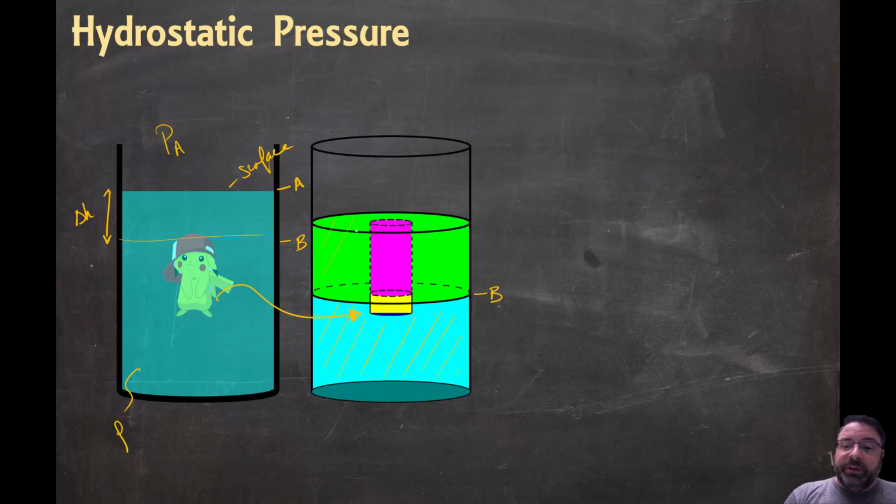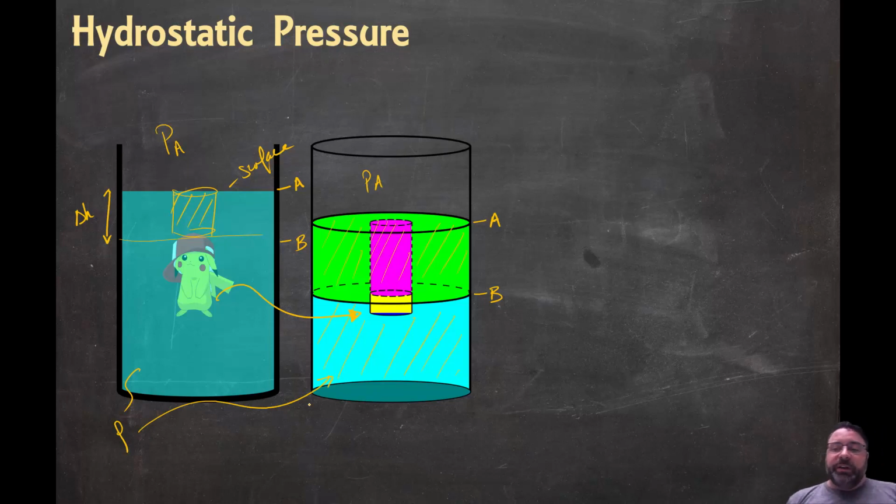This green liquid is all the liquid that's above Pikachu. And this magenta cylinder is all the liquid directly above Pikachu's head, which means the top of this green is our point A. And this is where PA is. It's the same fluid, so this is also density rho.